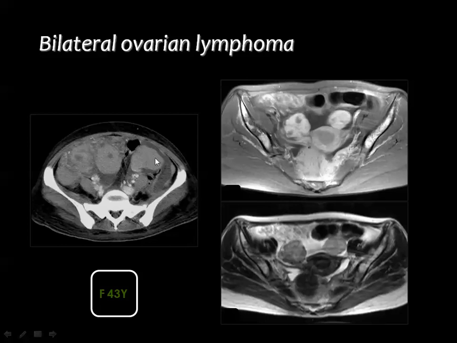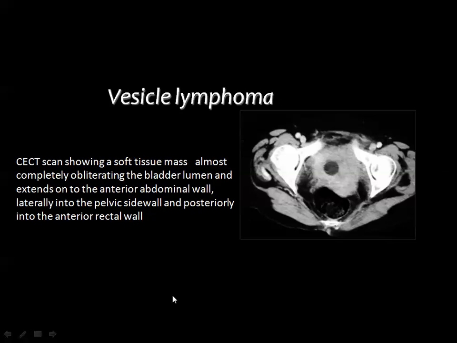The masses are solid. They are almost homogeneous apart from these necrotic areas. And this is the T2 weighted image. You see the two ovarian masses. And then the T1 post contrast with fat suppression. You can see the enhancement. This is almost similar to the Krukenberg metastatic ovarian tumors.